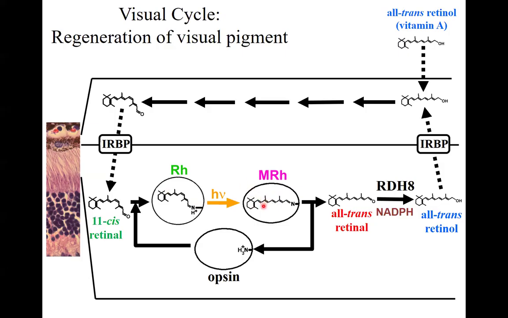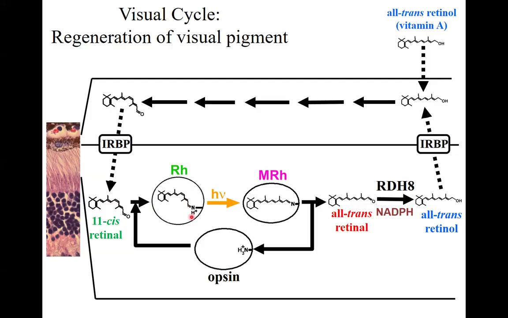The first step in the regeneration is the release of all-trans retinal. This takes place in the outer segment and leaves behind the apoprotein opsin. Then opsin is going to combine with fresh 11-cis retinal that comes from the retinal pigment epithelium to regenerate rhodopsin.